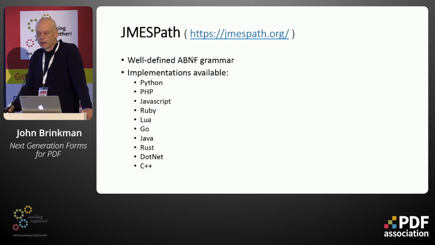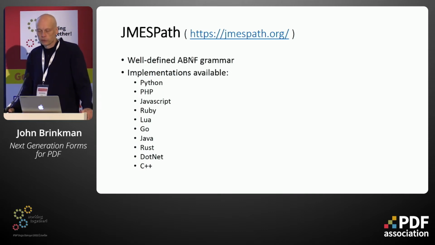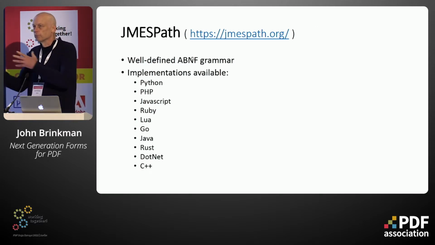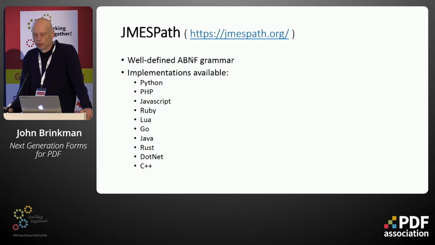I should point out, JMESPath is not just a grammar for addressing in paths into your JSON. It also allows you to craft expressions that will transform it and morph it from, say, one shape into another. It's quite powerful. It's a well-defined grammar. There are open source implementations available in lots of platforms. So we chose that as our other underlying technology.